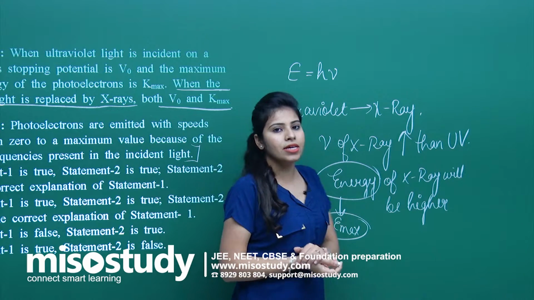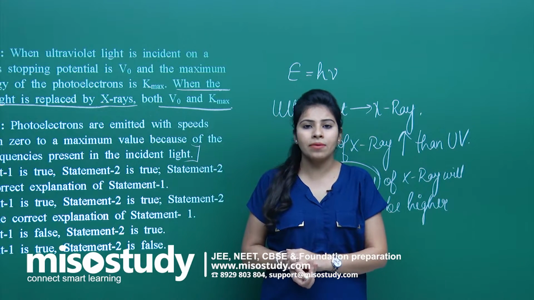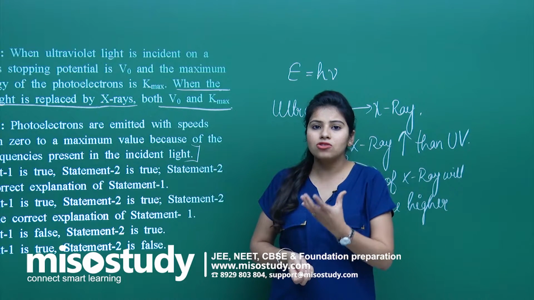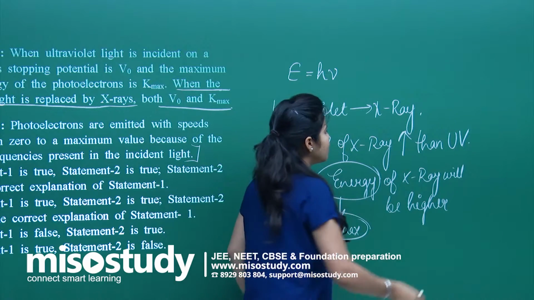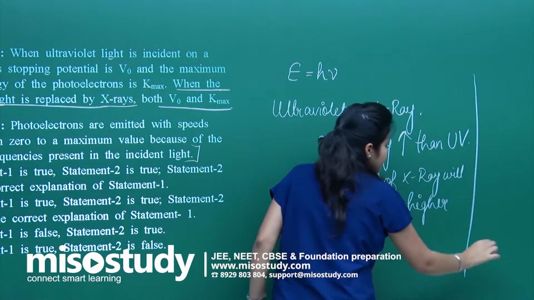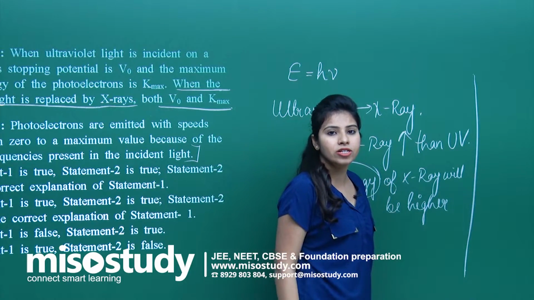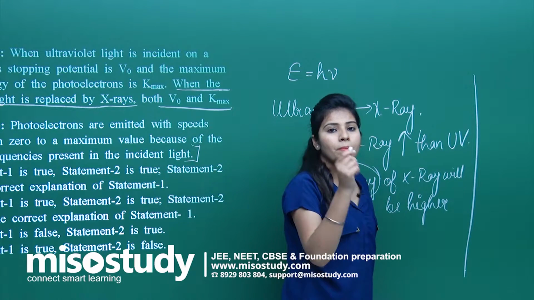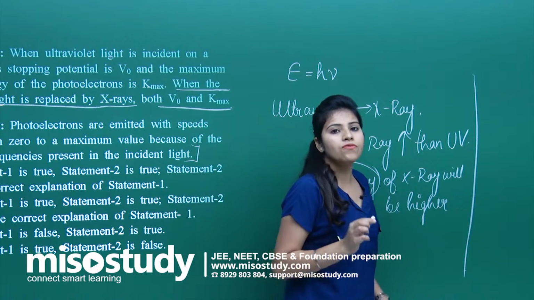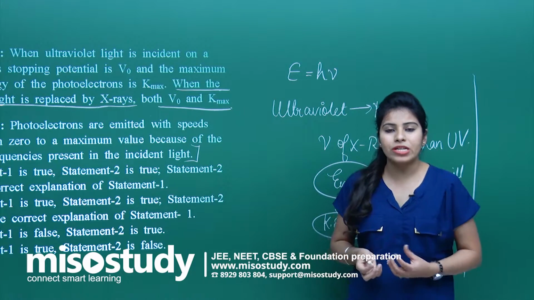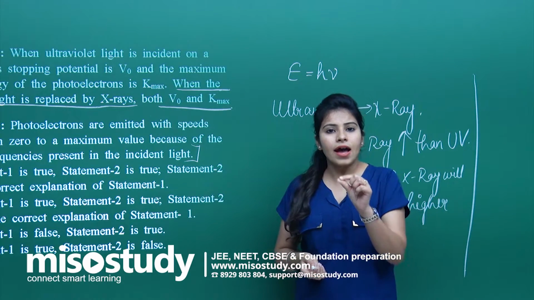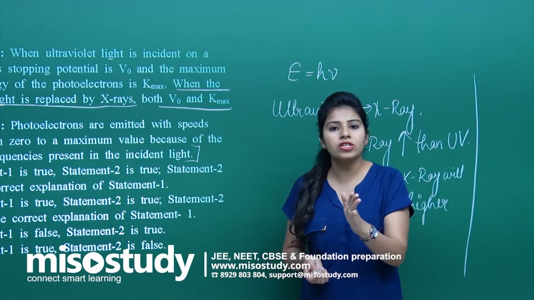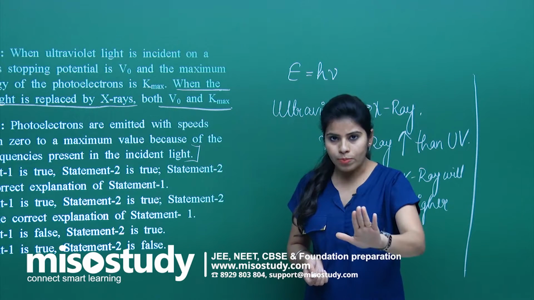Now let us see whether the stopping potential is also affected. There is a relation between energy and stopping potential. First of all, what do we mean by stopping potential? It is that negative potential, the minimum potential at which the photocurrent stops.